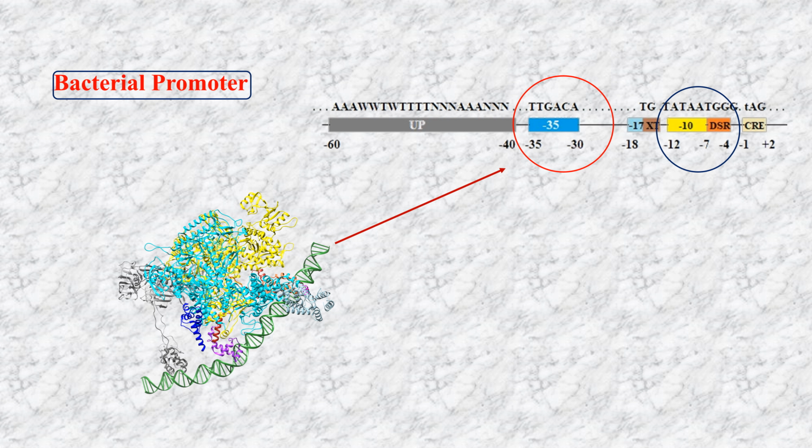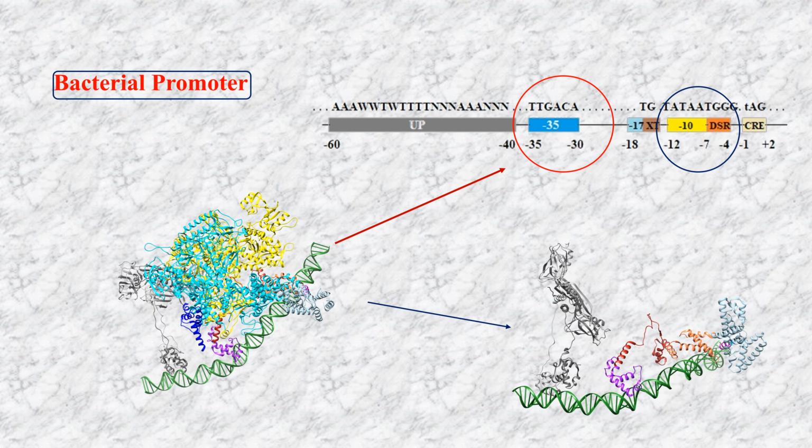These elements also contribute to the specific recognition of the promoter by the holoenzyme. Components of the holoenzyme bind to these sequence elements of the promoter, as we shall see next.